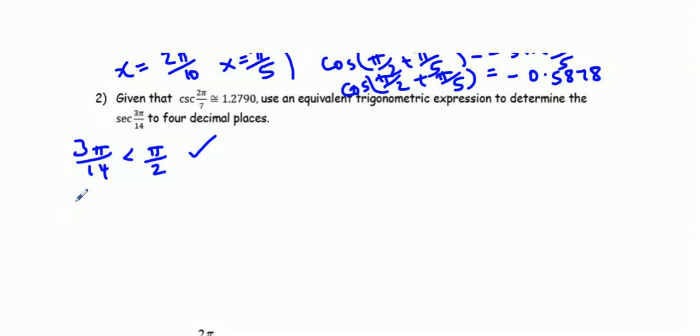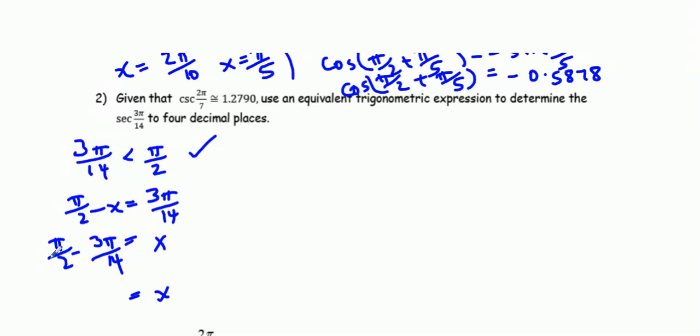So we know that we're going to then say pi by 2 minus an angle is going to give us 3 pi by 14. What's that angle? X is going to equal pi by 2 minus 3 pi by 14. And x then is going to equal 7 minus 3, that's 4 pi by 14, or 2 pi by 7. Okay, so x is 2 pi by 7, so we can put it back up in here.